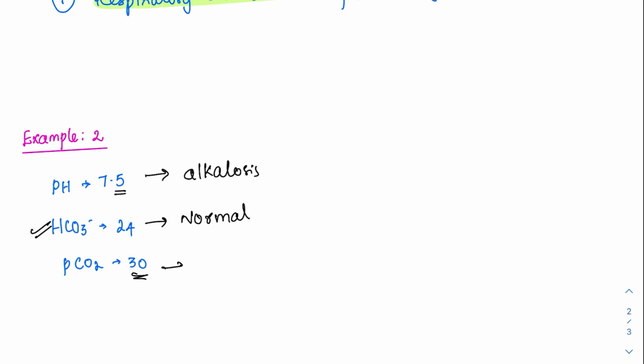CO2 levels indicate a respiratory disorder, so it is respiratory alkalosis, and it is not compensated. Maybe it's an early stage where it is not compensated. If the person is hyperventilating, he can have respiratory alkalosis. The bicarbonate levels are normal, so the metabolic component is not yet compensating. Maybe it's a minor disorder. So with this key, we can easily answer all the MCQs in acid-base disorders.